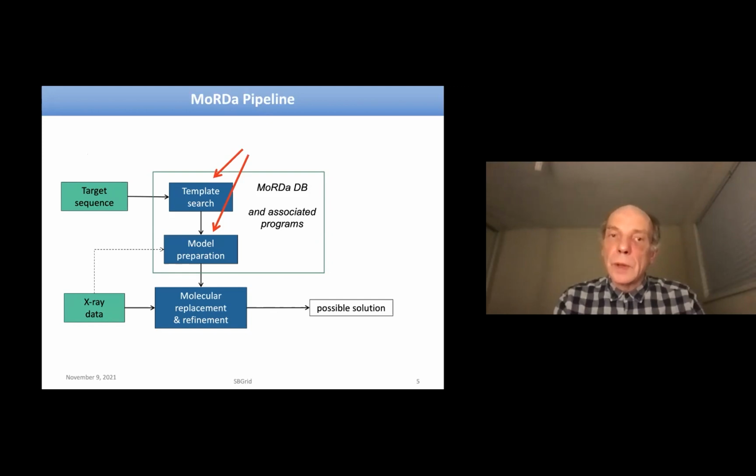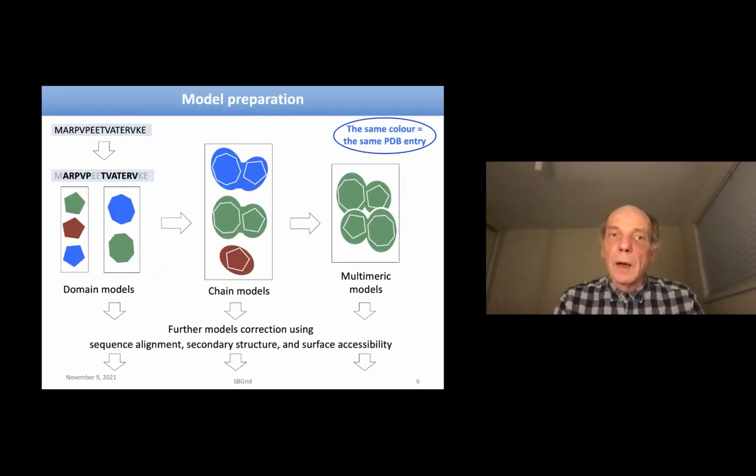Let's look closer at what happens with the template search and model preparation. It's not terribly sophisticated, but importantly, it's all based on the domains. The sequence alignment is done first, and sequences of the domains are stored in the database.